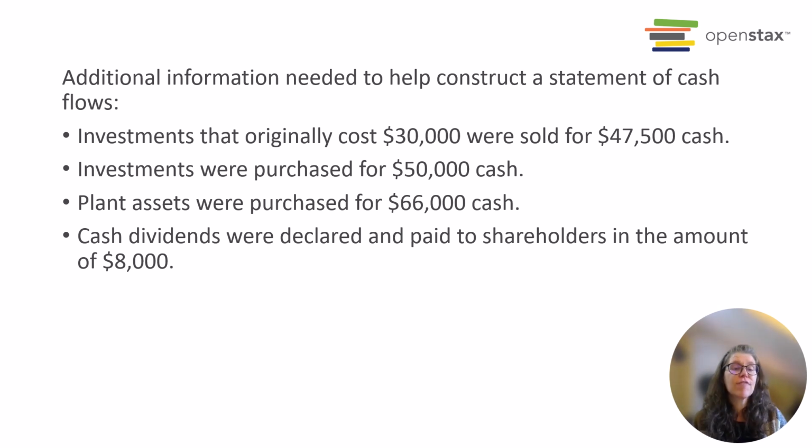I have some investments that I purchased for $50,000 in cash, some plant assets that I've purchased for $66,000 in cash. I've made some cash dividends in the amount of $8,000. And you can see here there are no non-cash transactions for Virtual Company.